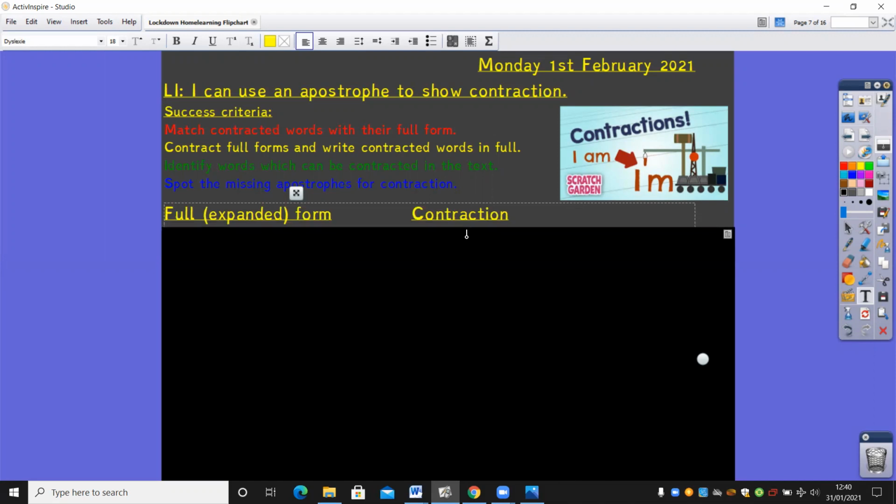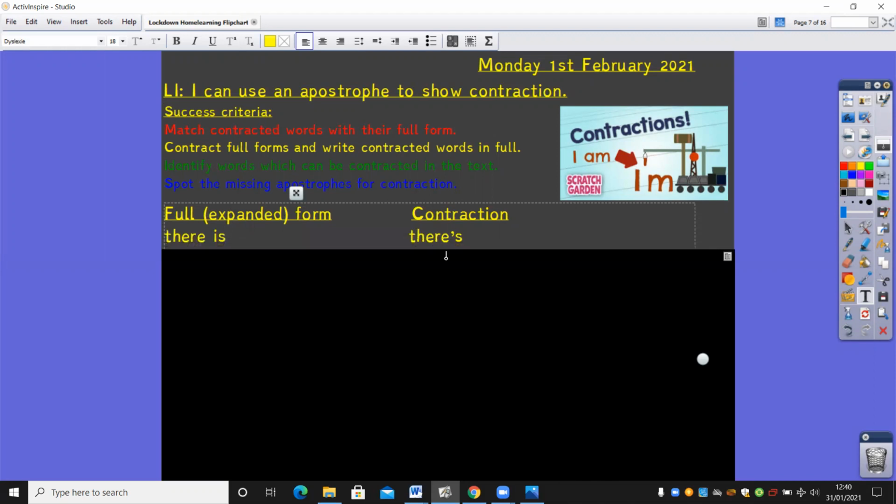So we are going to be looking at the full, sometimes called expanded, form of the words and at the contracted forms, or the contraction. So our first example are the words there is. Children, when those two words become contracted, can you see what's happened?